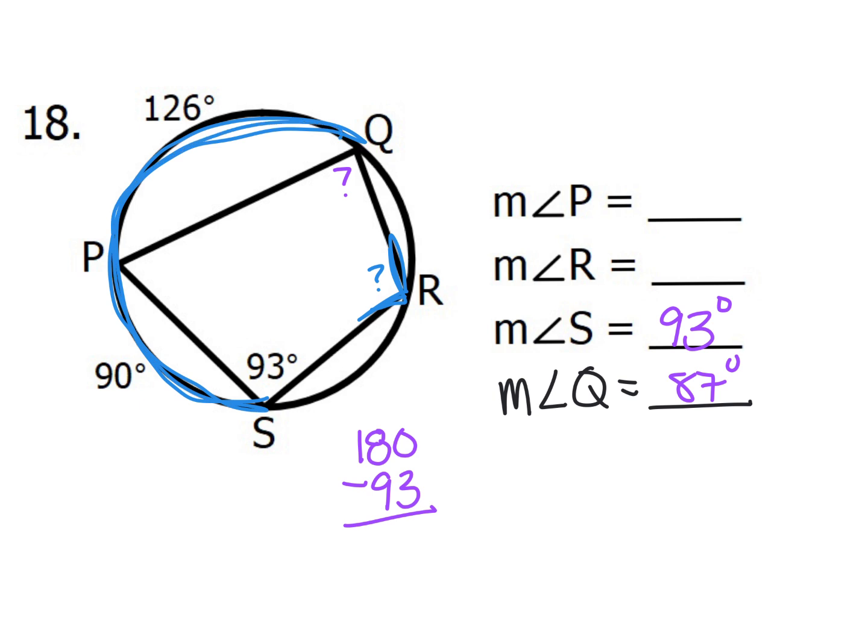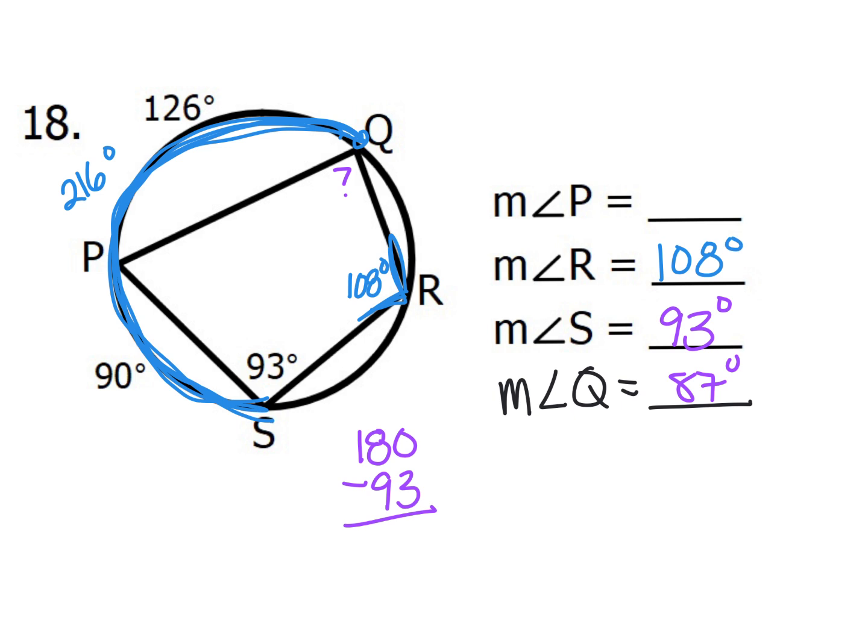So 90 plus 126 is 216 degrees. So that's the measure of this whole major arc QPS. I'm going to divide that by 2, and I'm going to label that the measure of angle R is actually 108 degrees because that's half of 216. So the measure of angle R is 108 degrees.